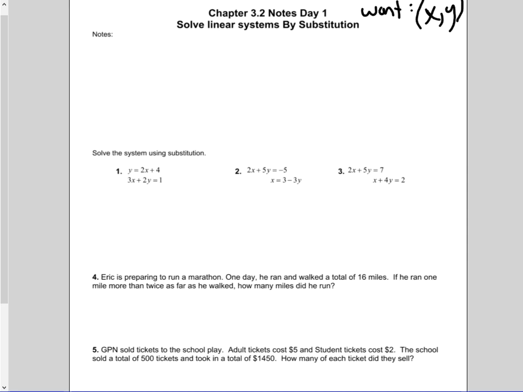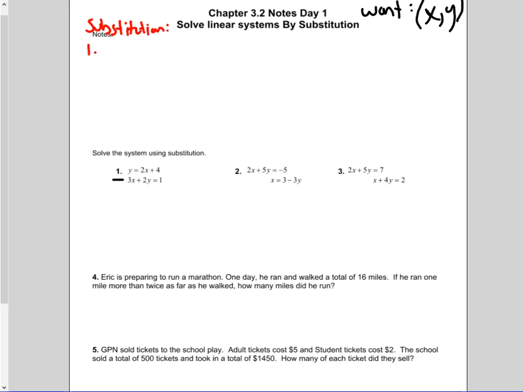Let's start with these substitution steps. We're going to be working with this first problem here, number 1, as we write down these steps to use substitution. So for notes, I'm going to write how to substitute. The substitution method.